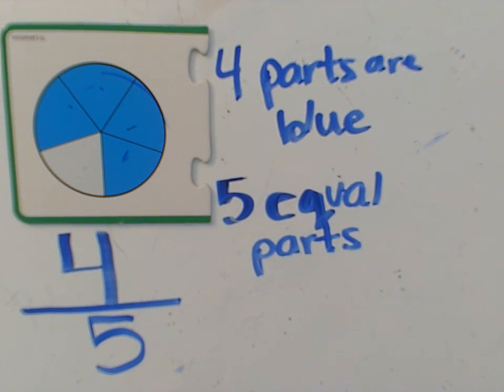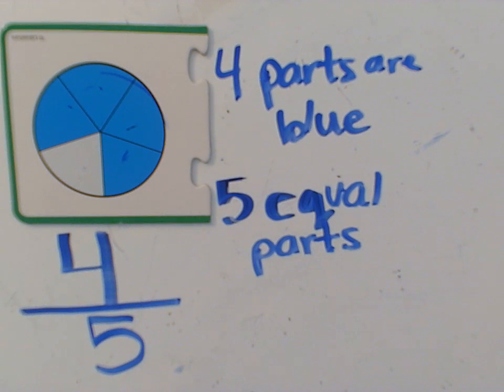So why do we need to understand fractions? Well, fractions go a lot further than just this circle. You will see some other shapes today in your homework. You might see a triangle, a square, rectangles, really any shape that can be divided into equal parts. But why are fractions so important?